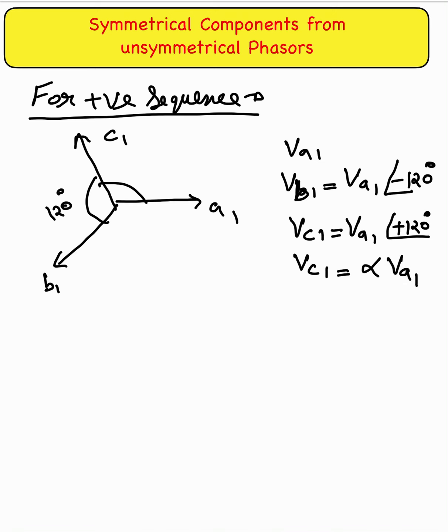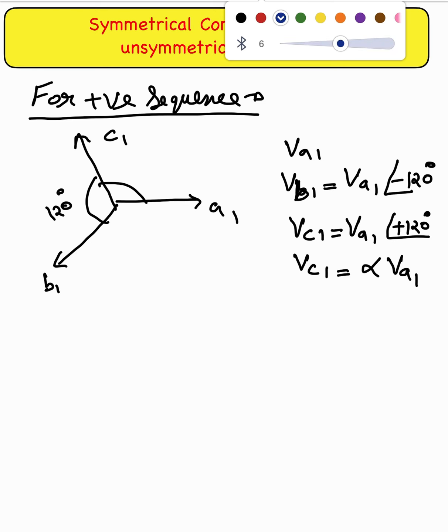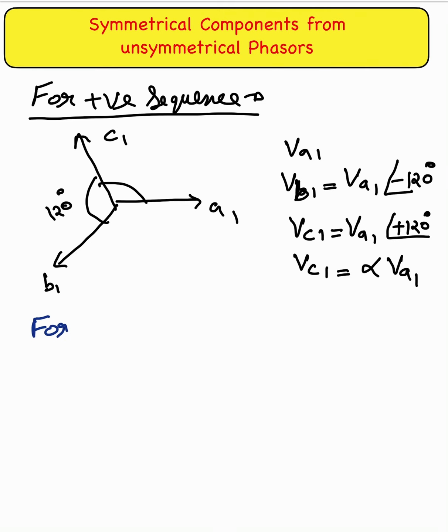Same for the negative sequence. For the negative sequence, the component consists of three phasors equal in magnitude and displaced from each other by an angle of 120 degrees in phase, and having the phase sequence opposite to the original phasors.